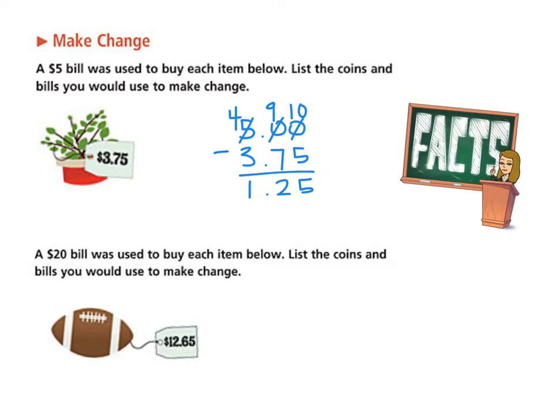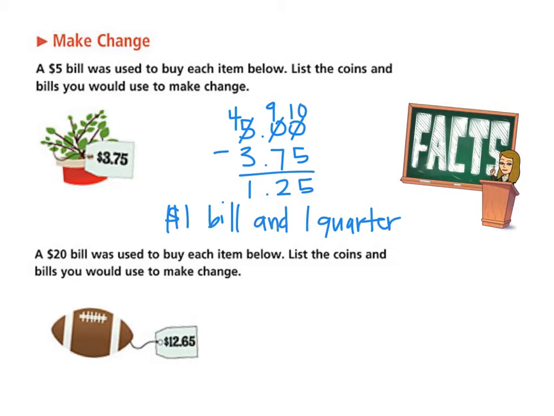Usually, though, you just give them the least amount as possible. So for $1.25, you would give your customer a $1 bill and 1 quarter to make 25 cents.